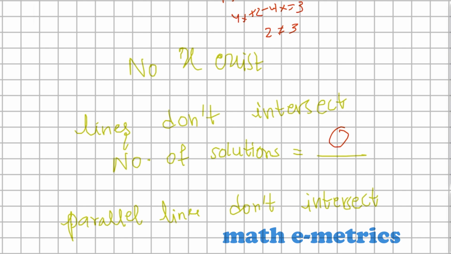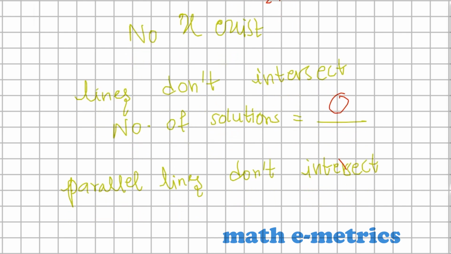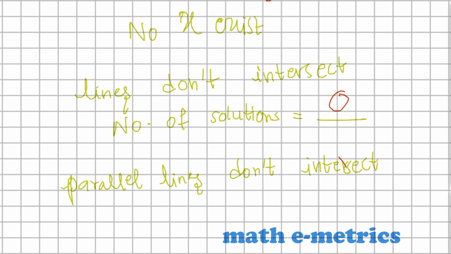No. One practical example is this ruler. If you draw a margin from above and another line from below, will they ever intersect? No. That means they are what type of lines? Parallel lines.